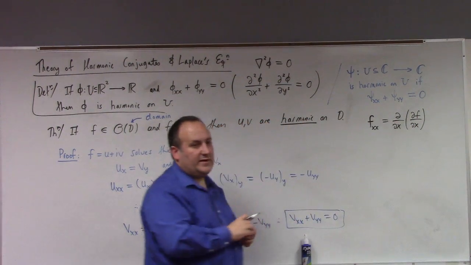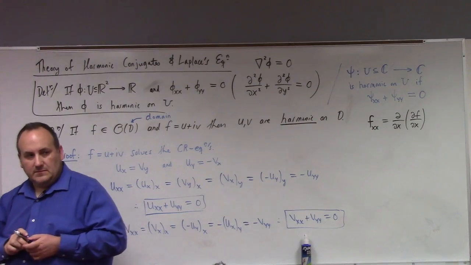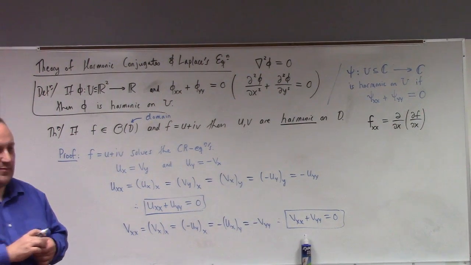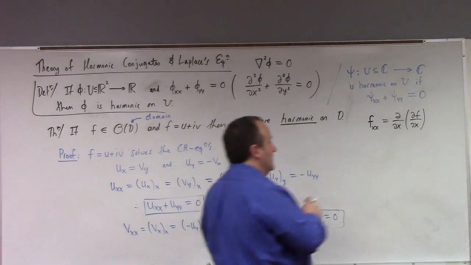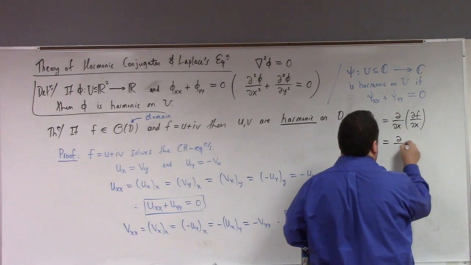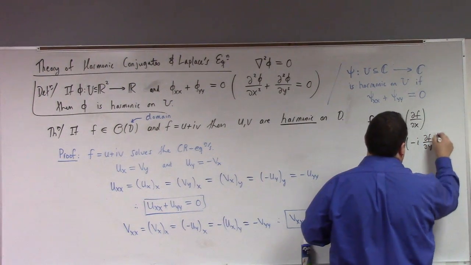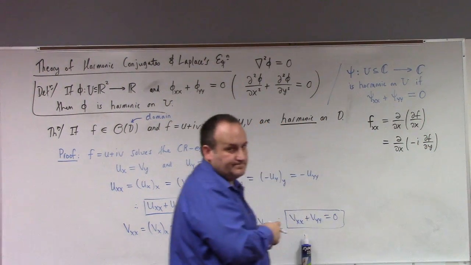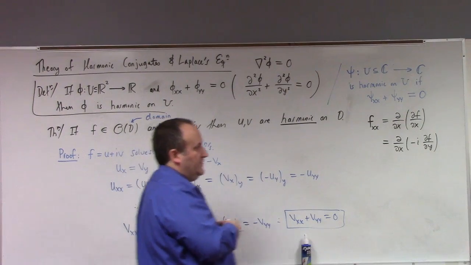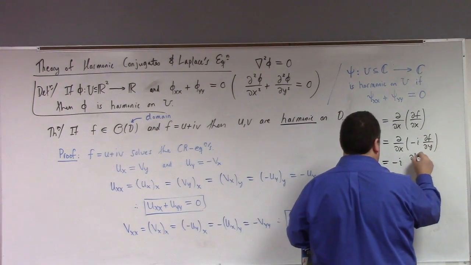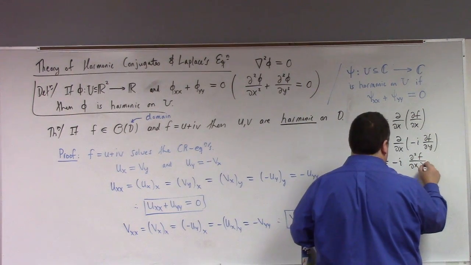But what were the Cauchy-Riemann equations? If we write them for the function rather than the components, remember, it was minus i partial f partial y, which gives me minus i partial squared f partial x partial y.